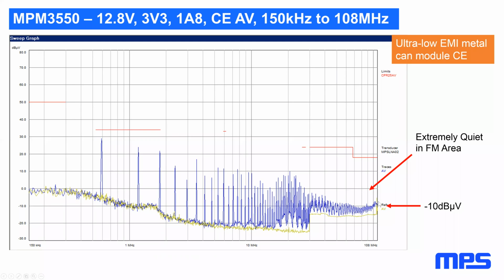So we have a module which puts out 1.8 amp at 3.3 volt from 12.8, which is maybe 10 dB worse than the thermal noise a 50 ohm resistor puts out. That would be very difficult to achieve with a non-module design where you have much larger loops.